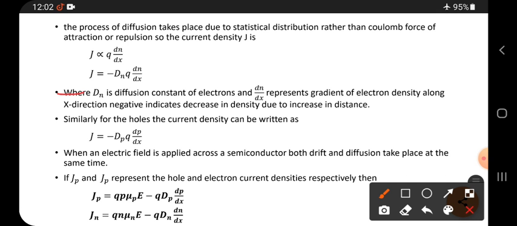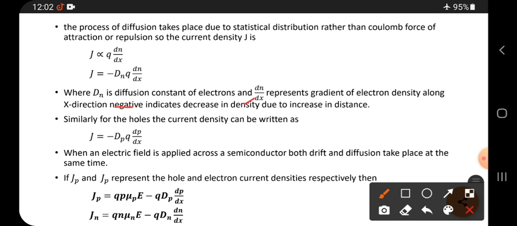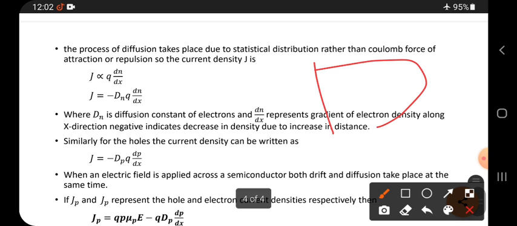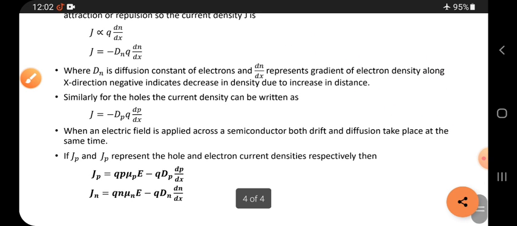Dn is the diffusion constant of electrons, and dN by dx represents the gradient of electron density along the x axis. Here x is in only one direction. The negative sign indicates a decrease in density due to increase in distance, as I said just now. When we move from the higher density region to the lower density region, the distance increases and the density decreases.